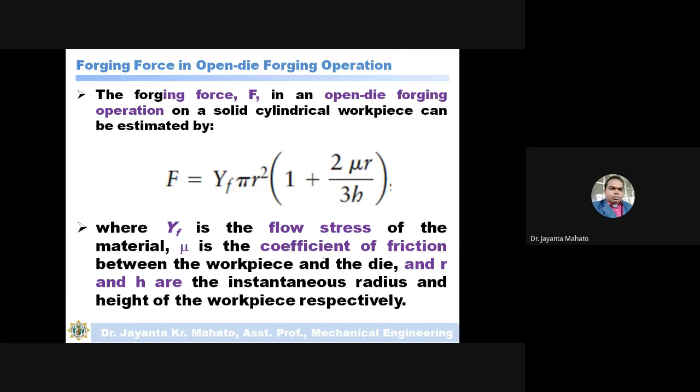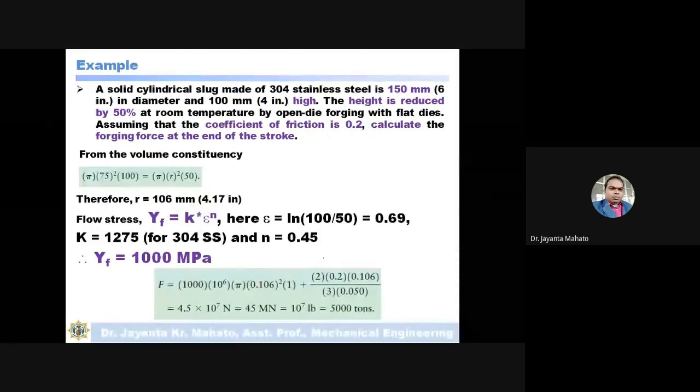So from this equation, you can easily calculate the forging force. So now, as an example, a solid cylindrical slug made of 304 stainless steel, okay, and its diameter is 150 mm and height is 100 mm.